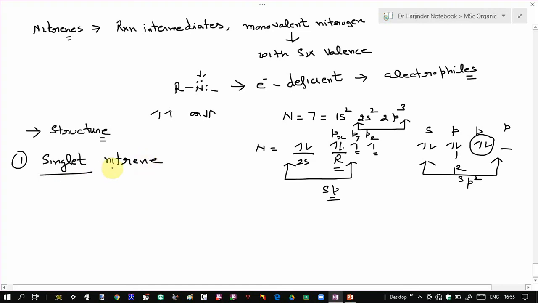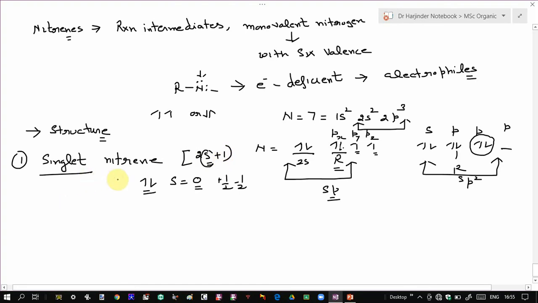As we have discussed previously, multiplicity is given by 2S plus 1, where S is the total spin quantum number. In a singlet nitrene, since both electrons are paired, one is plus 1 by 2, clockwise, and the other is minus 1 by 2, anti-clockwise. They cancel each other, so the total spin is 0 and the multiplicity becomes 1.